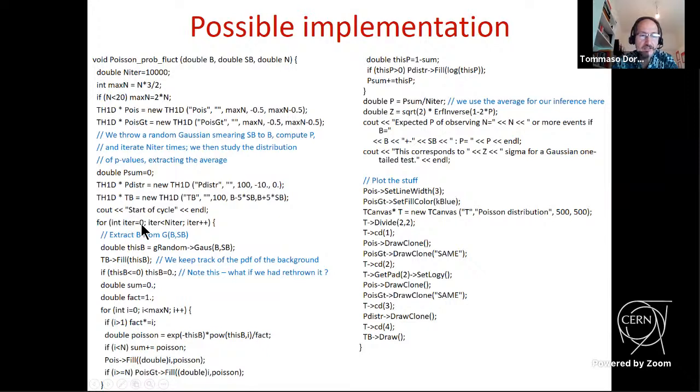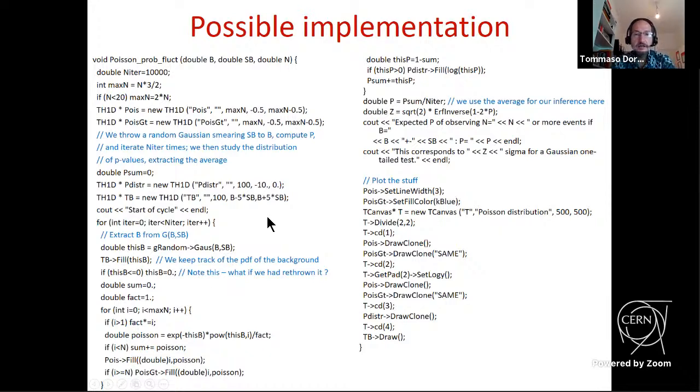You run this iterator from 0 to n iterations, and I've set 10,000 here, but you can change it if you want. But 10,000 is enough to have a smooth distribution of p-values out of it. And you sample this B to be a random Gaussian number from a mean B and a sigma SB. And then you fill the background because you want to see it. And then you do your calculation of the p-value as you did before.